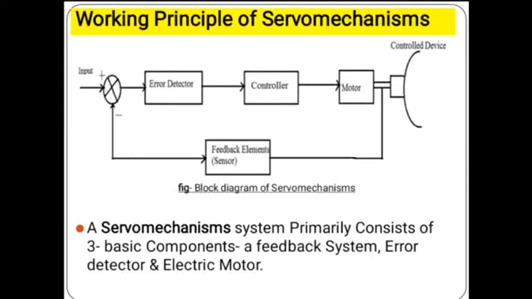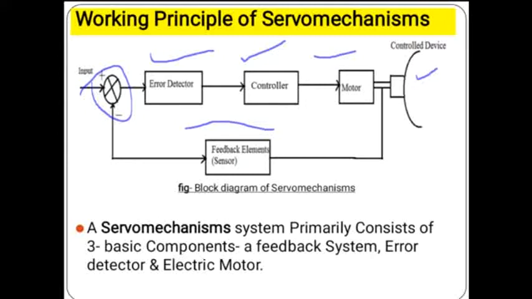In this block diagram you can observe there is a comparator, which is the error detector, then the controller, then the motor, and this is the object, or we can say the load, and this is the feedback signal. So these are the blocks. According to this block diagram we can explain the working principle of servo mechanism.